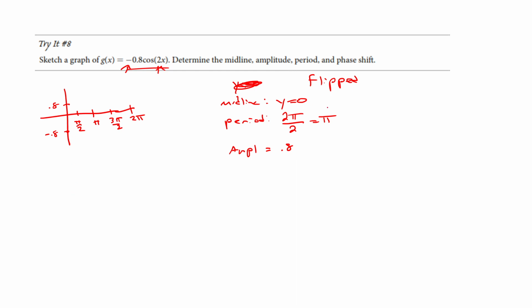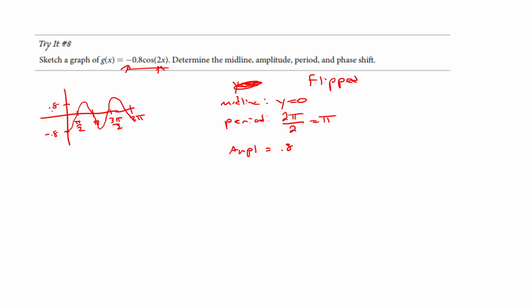Our period is pi, so we have to go through the entire cycle of the cosine function by the time we get back to pi. So we go up here and down there. The entire cycle, the up and the down, had to be complete by the time we get back to pi.